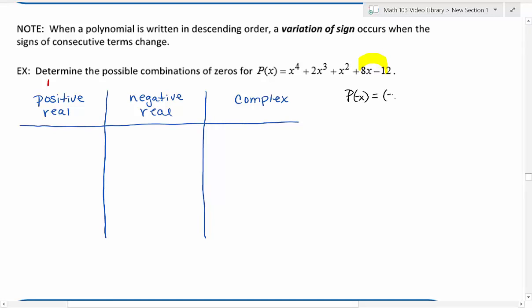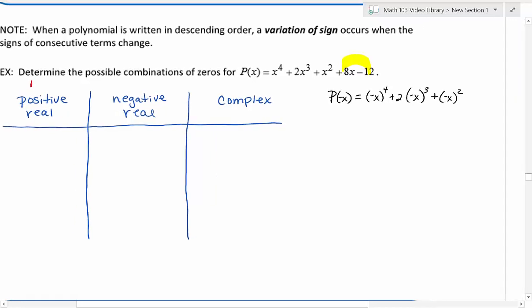We're replacing all of our x's in p of x with negative x, and then we'll simplify. We have negative x raised to the fourth power. A negative raised to the fourth is a positive. So that's going to be positive x to the fourth.